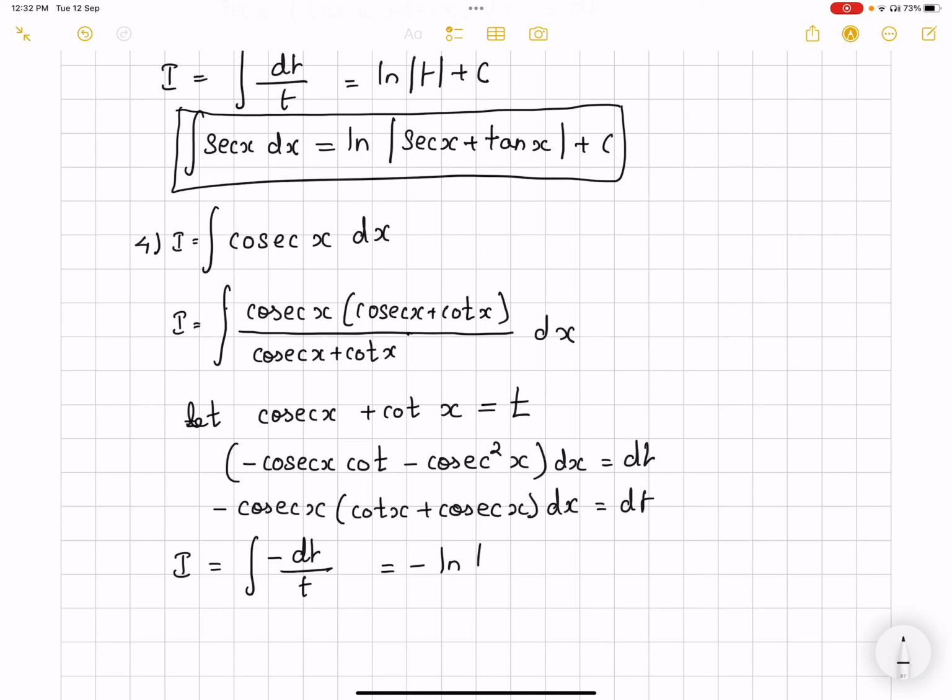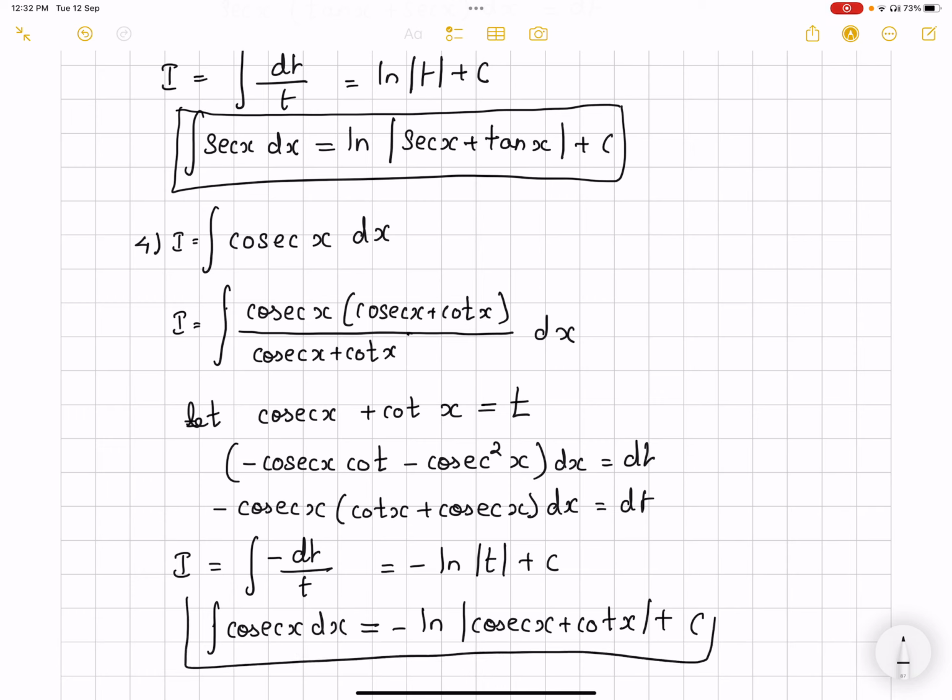So minus ln of mod t plus c, which is nothing but minus ln of cosecant x plus cot x plus c. So this is going to be my integral of cosecant x dx. This one is going to be the fourth derivation. And all these four formulas are very important and we would be using them in the problems hereafter. Thank you.